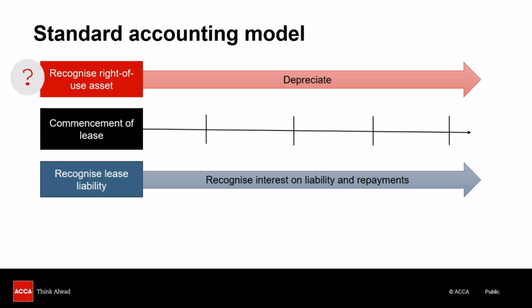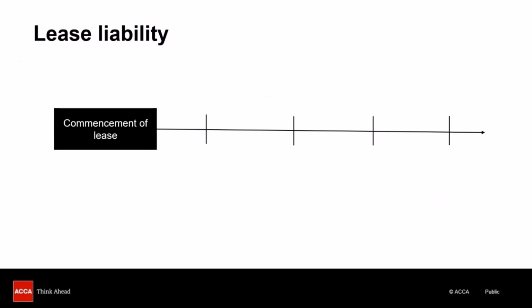Now, in our accounting system, remember that a few very important calculation parts are the recognition of right of use asset, the recognition of liability, the depreciation, and the recognition of interest expense in the statement of profit or loss, and repayment by decreasing the liability value in the statement of financial position.